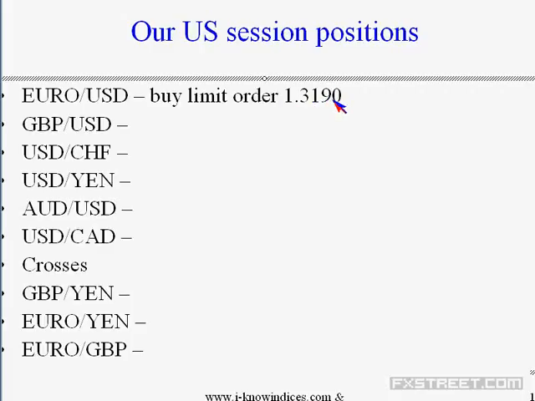So I'll keep an initial decision of this nature as a limit order, then keep the stop. Buy limit order 1.3190 with a stop at 1.3160.